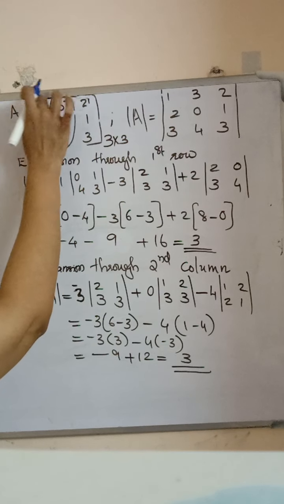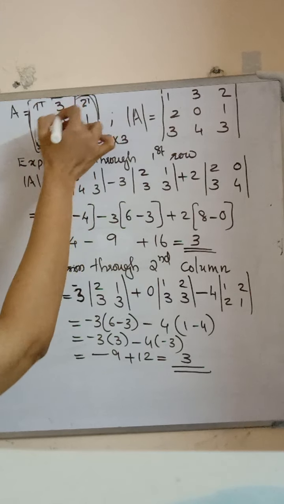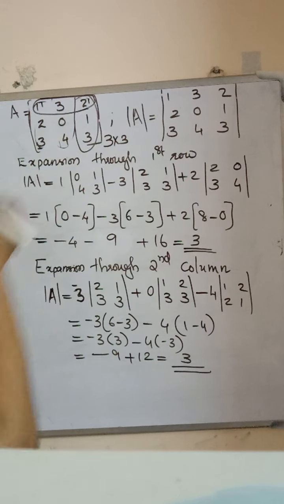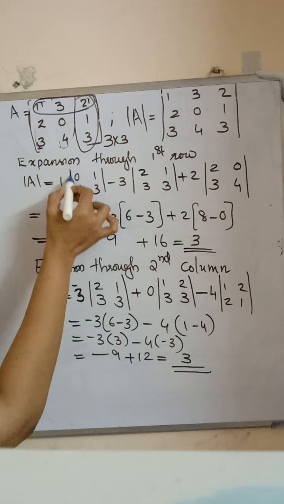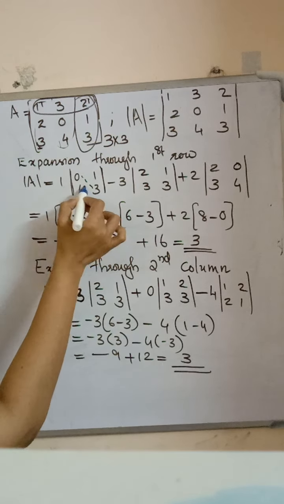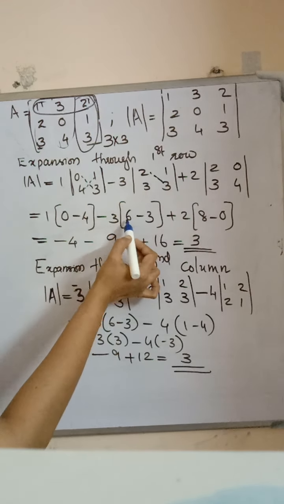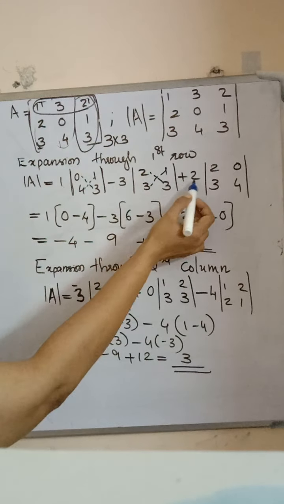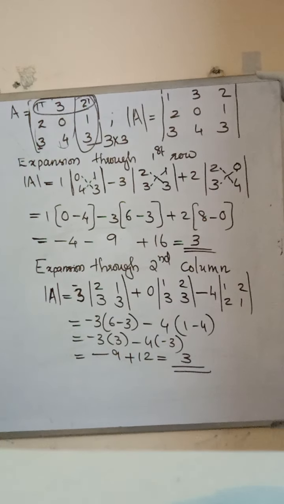So plus 2 into determinant, deleting the row and column in which 2 belongs, 2 0 3 4. Then 1 into, 2 cross 2 determinant, 0 into 3 is 0 minus 4 into 1 is 4, minus 3 into 2 into 3 is 6 minus 3, plus 2 into 4 is 8 minus 0. So the answer is 3.